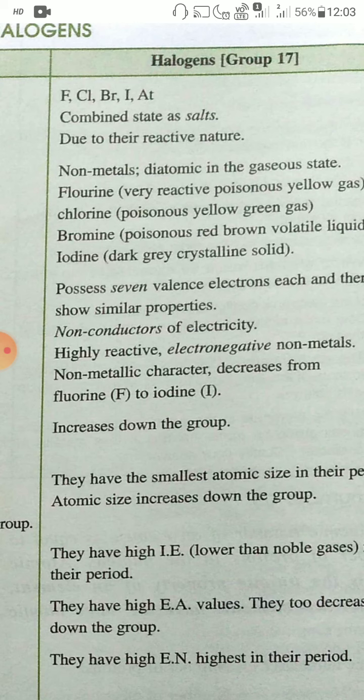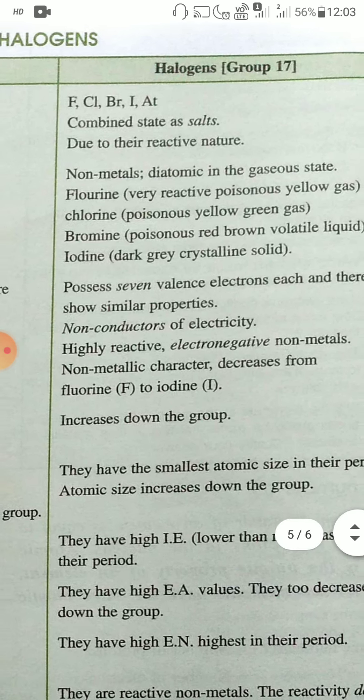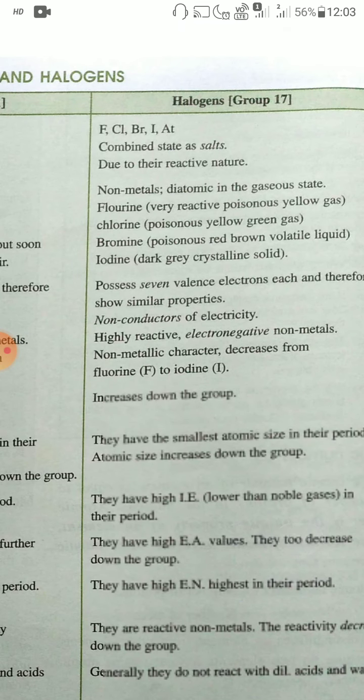Chlorine is a poisonous yellow-green gas. Bromine is a poisonous red-brown volatile liquid. Although it is a non-metal, it is a liquid. And iodine is a dark gray crystalline solid, although it is a non-metal.